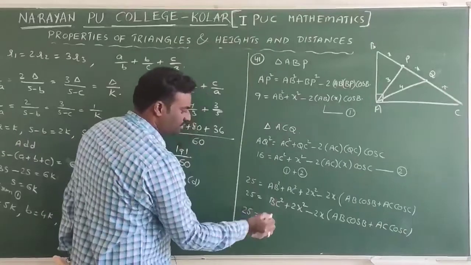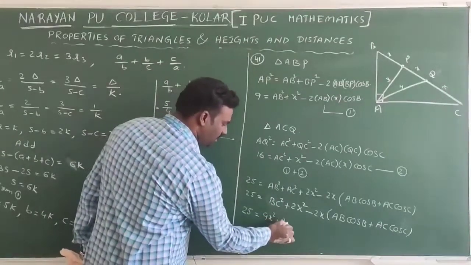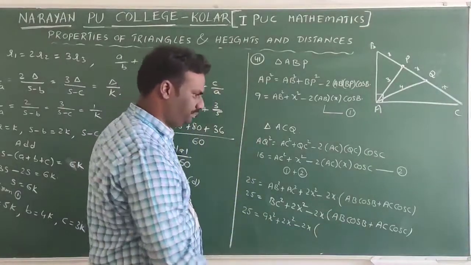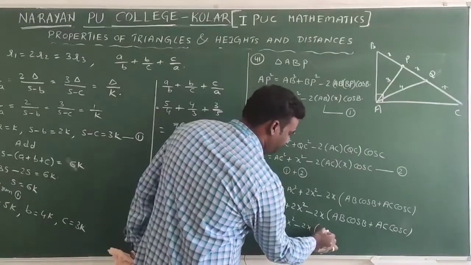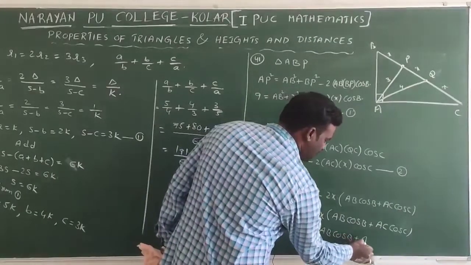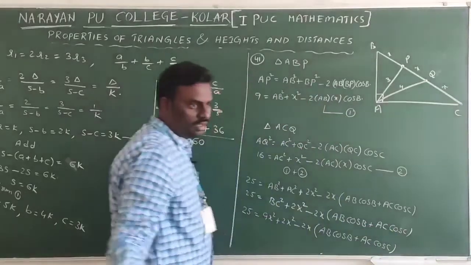25 equals 9x square plus 2x square minus 2x into (AB cos B plus AC cos C).